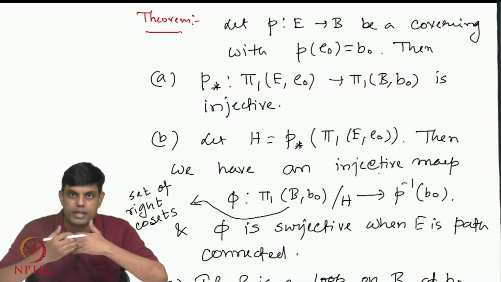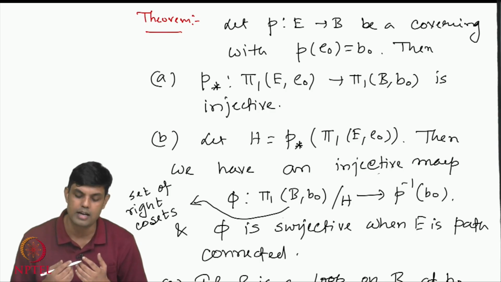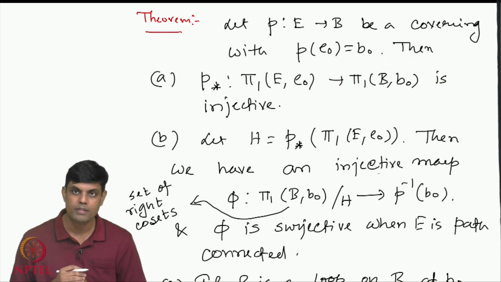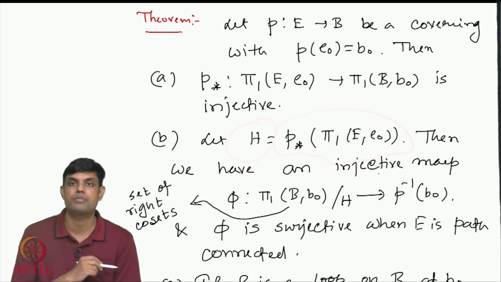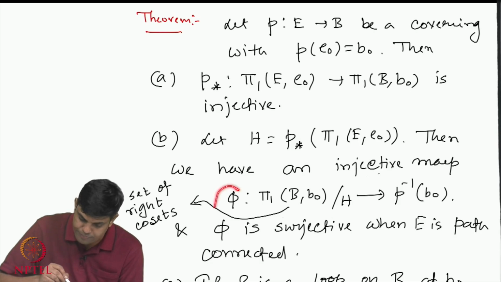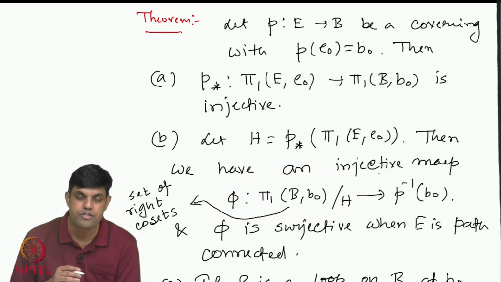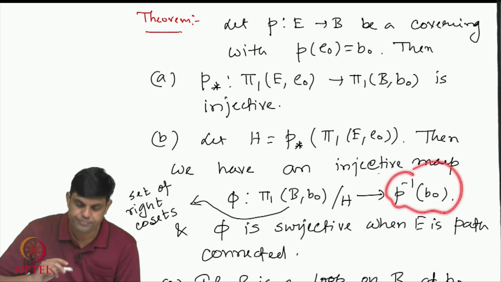Secondly, this is an injective homomorphism. So, in particular the image of p star I can think of as a subgroup of the fundamental group of the base space. Suppose H is the image of pi 1 of E, E0, then I have a set map from the set of all right cosets of H in the fundamental group of B to p inverse of B0.